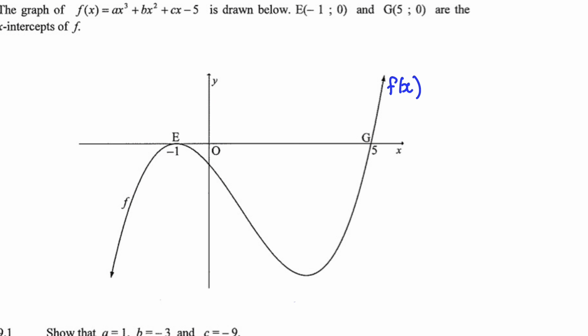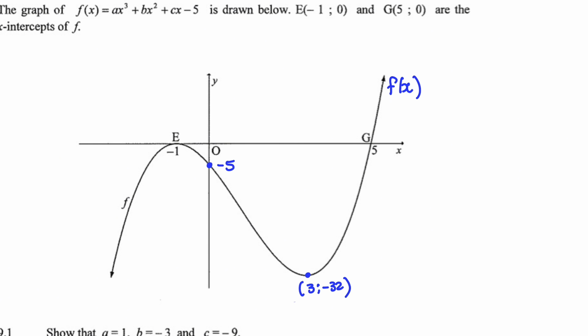So let's look at some critical values. We know that the y-intercept is -5. And we know that the local minimum is where x is equal to 3. Now if I substitute x equals 3 into my equation of f x, I have a y value of -32.